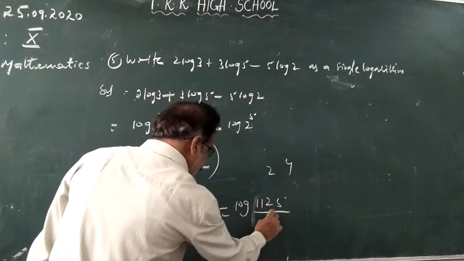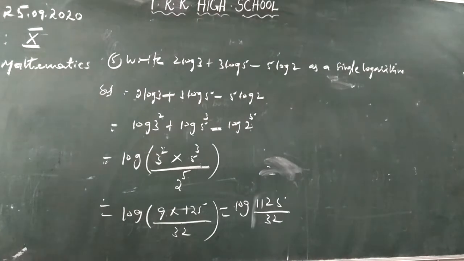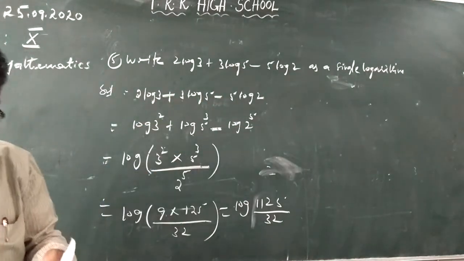Log 1125 by 32. This is a single logarithm. Like this, an expansion can be written as a single logarithm.